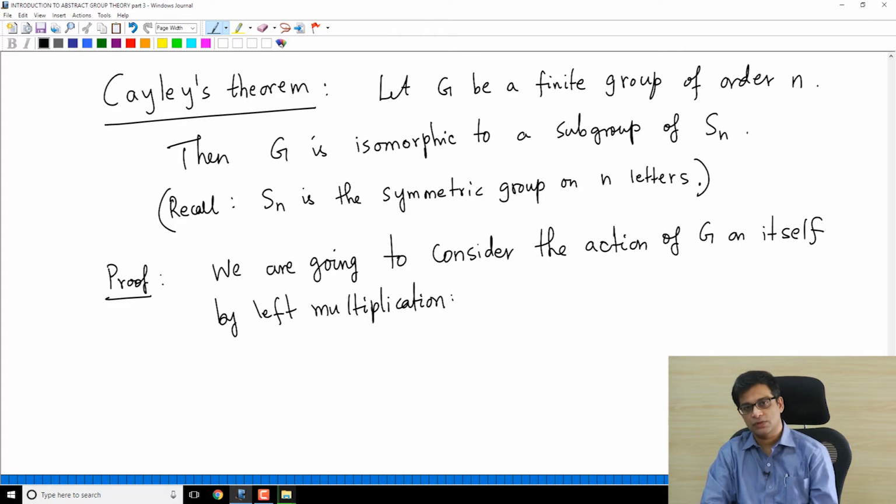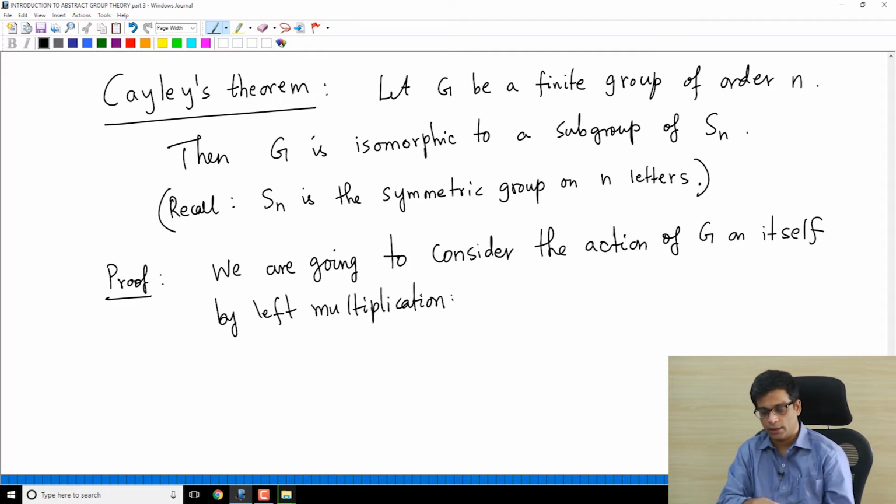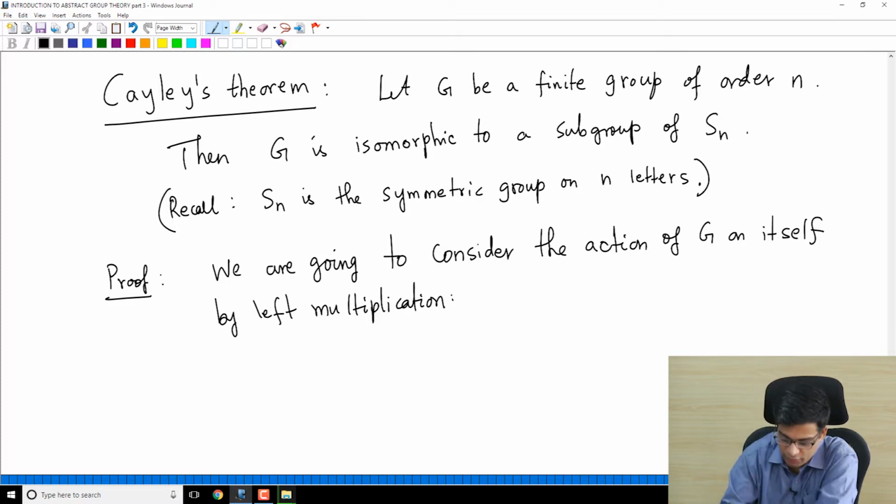Two of those examples were a group acting on itself. So the group is G, the set is also G in these examples. And there were two important actions that I highlighted, one is by left multiplication, the other is by conjugation. In this proof we are going to apply the action of G on itself by left multiplication.